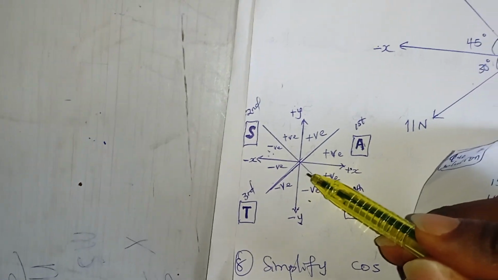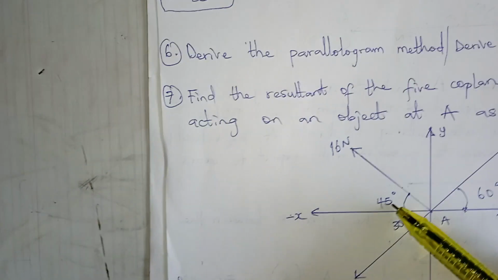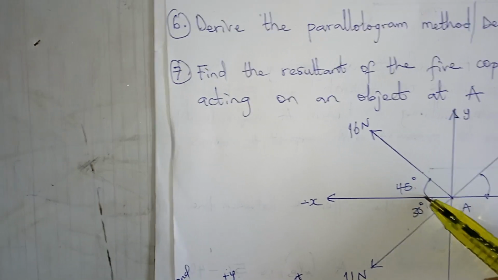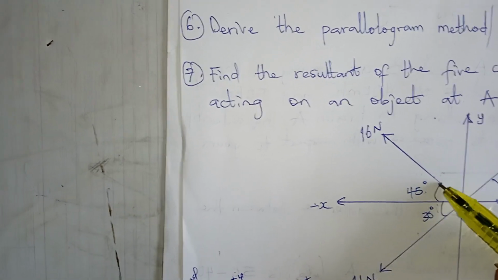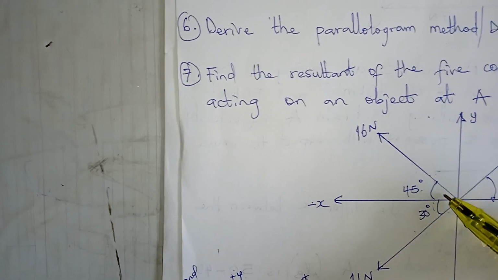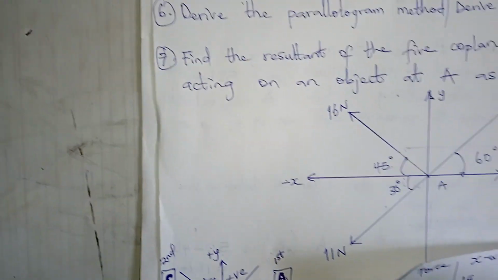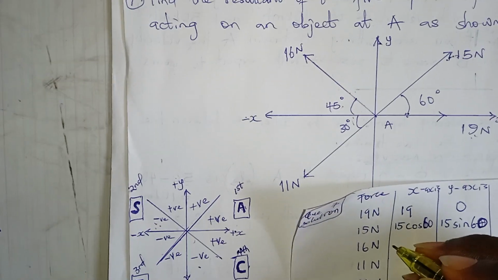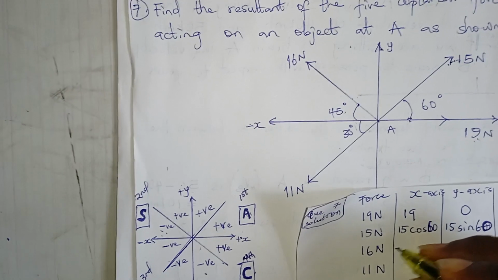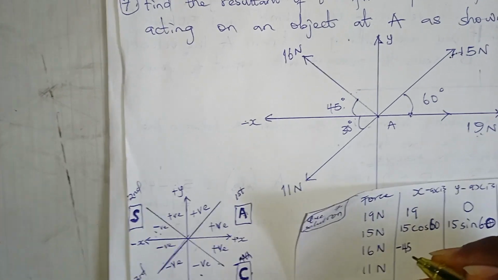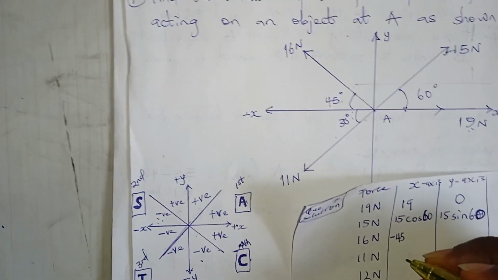So since I want to teach you using this, I will now say this is 45 degrees. The angle is towards x, so I will say towards x is cos. It will be, instead of 45, minus 45 because it's negative.